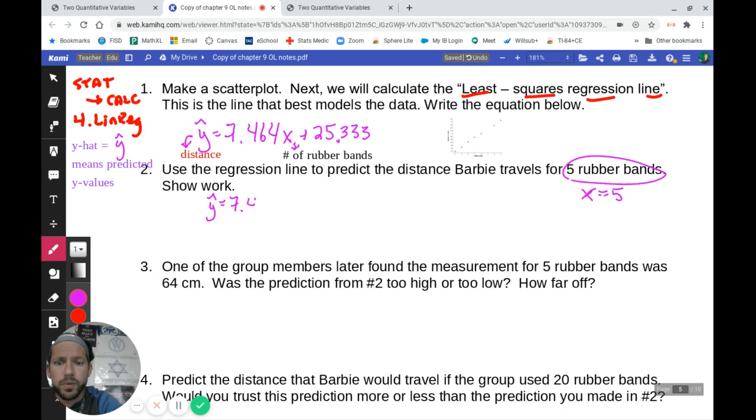So we have 7.464 times 5 plus 25.333. And when we type that into our calculator, we get a distance of 62.653 centimeters.